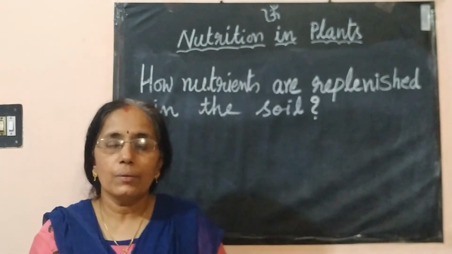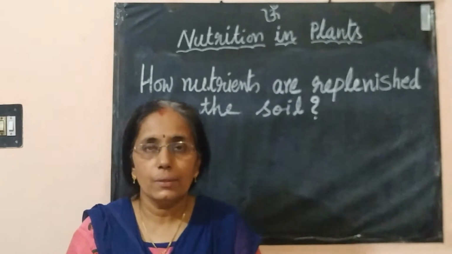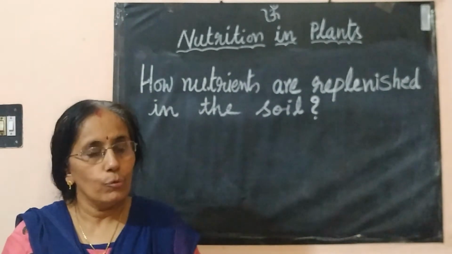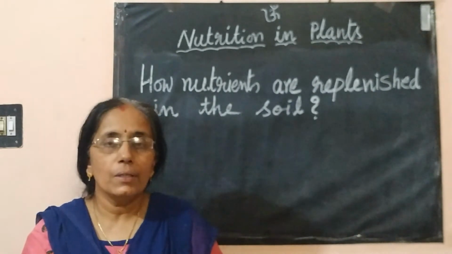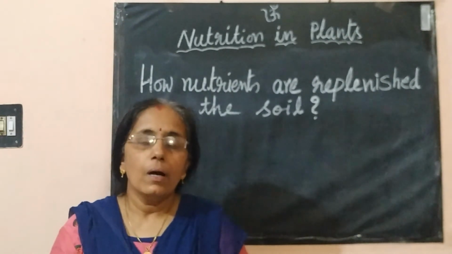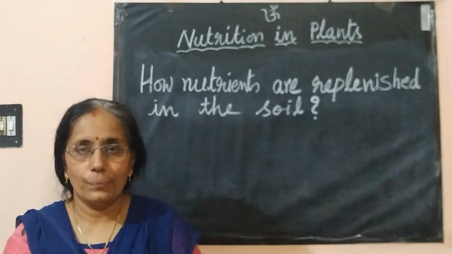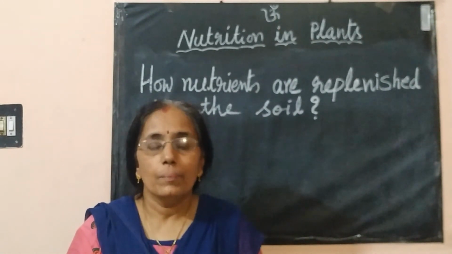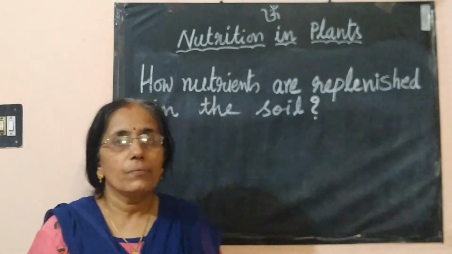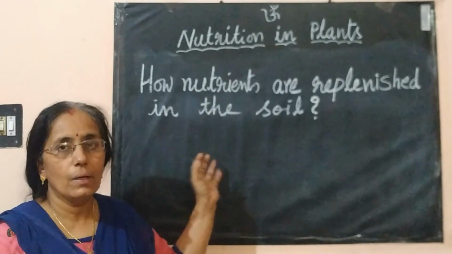So plants take minerals from the soil continuously for making the food. So the nutrients in the soil will get reduced continuously. How will it get renewed?